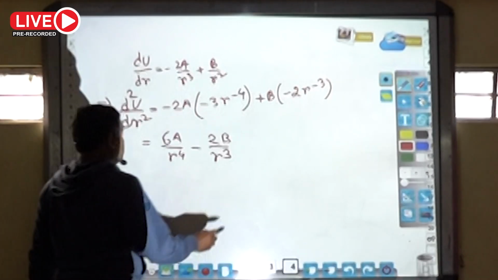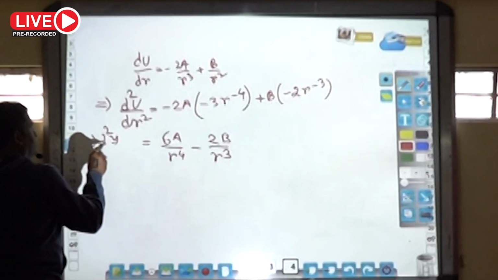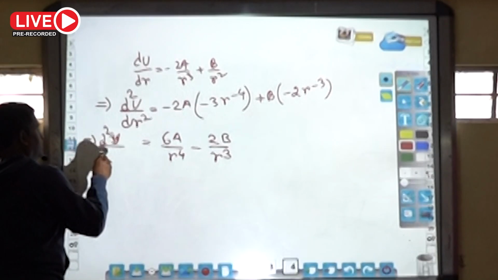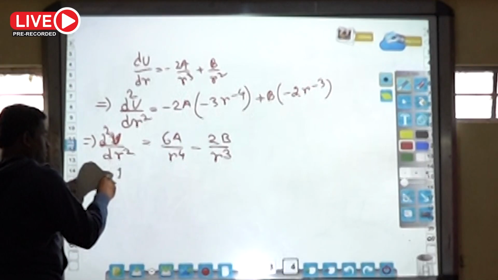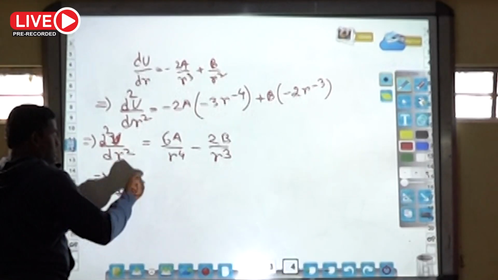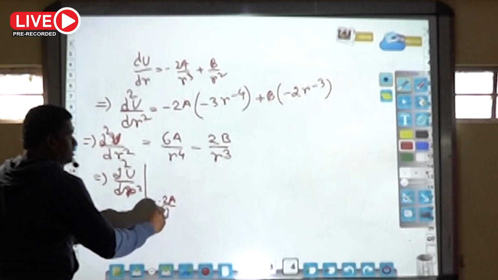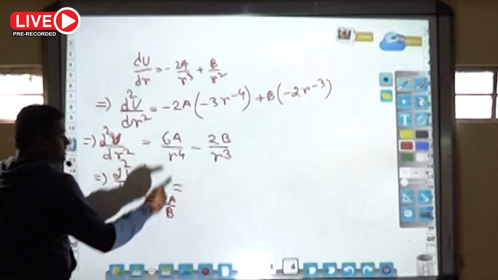Now the stationary point we have already found, so d2U/dr2 at r equal to 2a by b. I will put this value 2a by b in place of r.